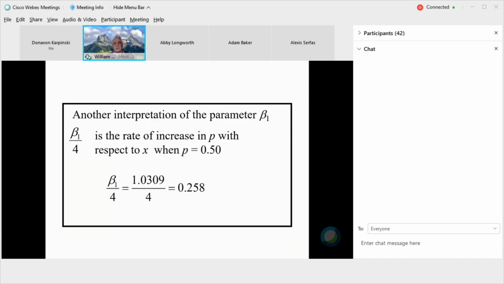Another interpretation of beta 1. If you divide beta 1 by 4, that's how fast p is increasing when p is equal to 0.5. That's the slope of the tangent to the curve when p is equal to 0.5.